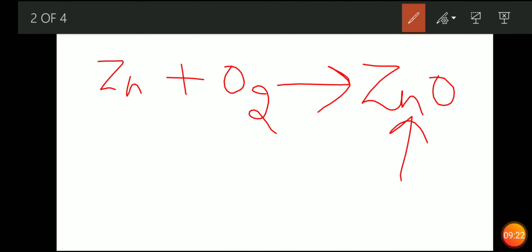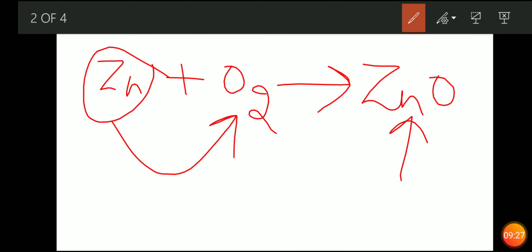You can see that this zinc is reacting with oxygen, so it is a combustion reaction. But this zinc is combining with oxygen, so it is known as a combination reaction. Now see the difference between combustion and combination reaction.